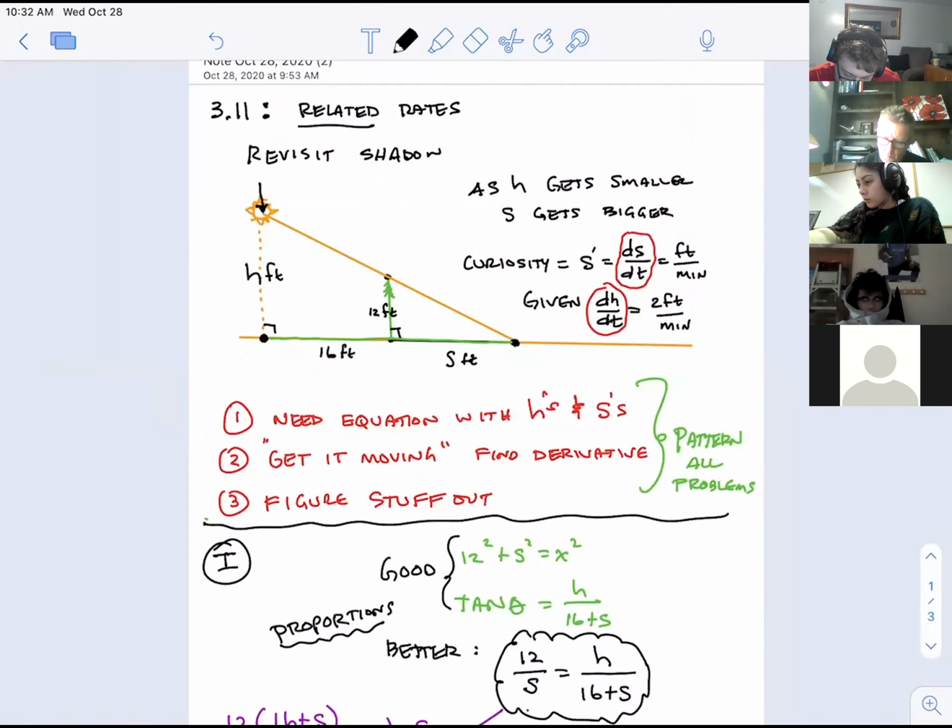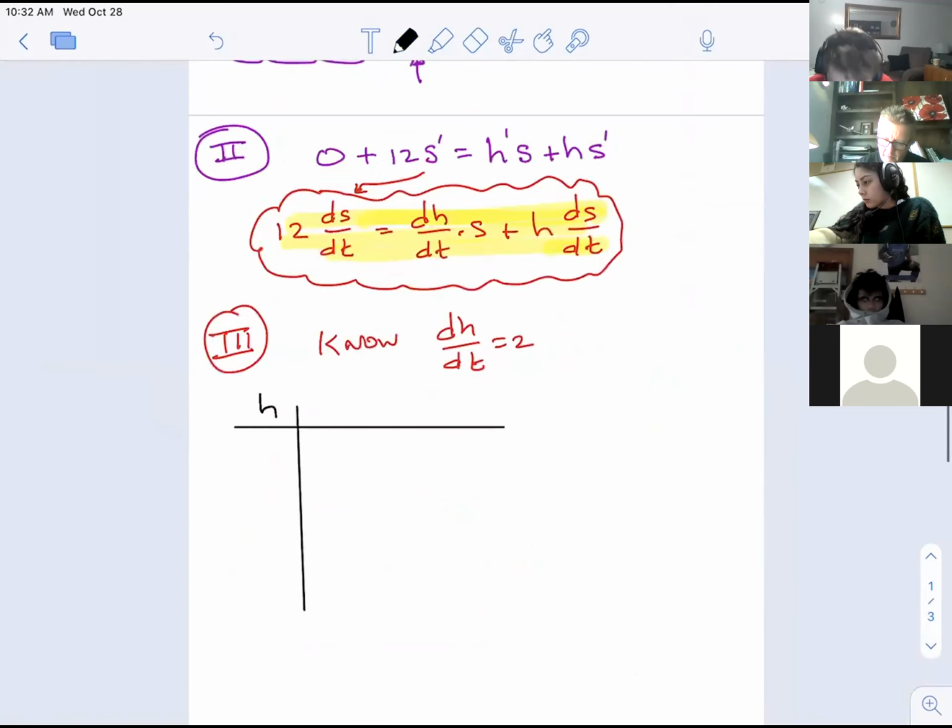The tree was at 12, so let's put the sun really high in the sky, like 48 feet, and then let's check again on the speed when the sun drops to 36 feet, and then let's go to 18 feet, and then let's go to 14 feet.